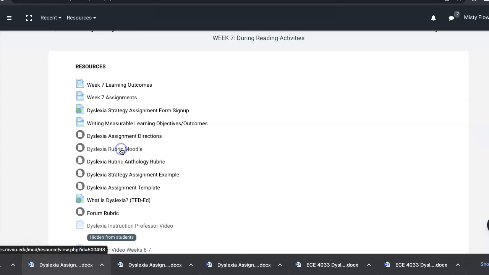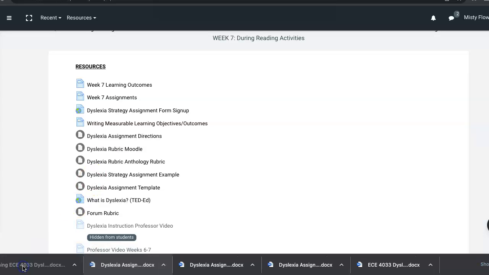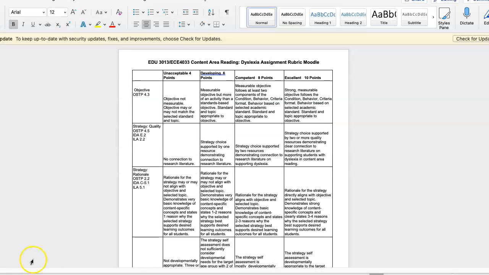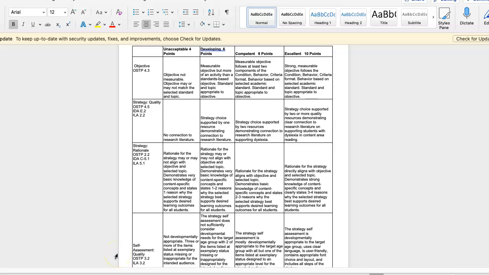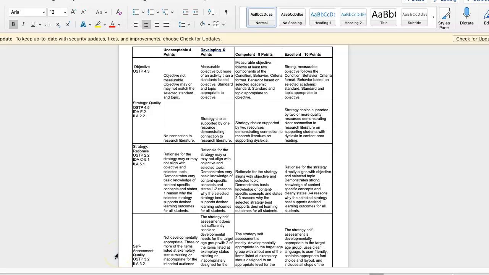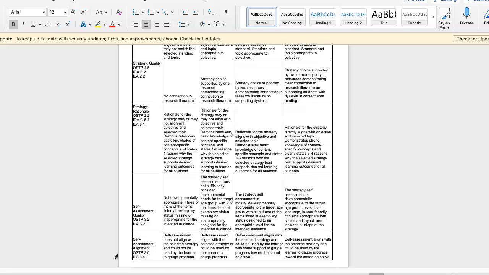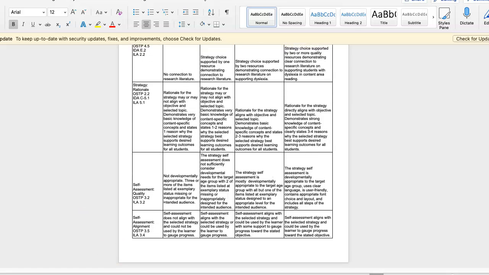Here is the rubric for Moodle. And it's the same for the Anthology Portfolio, except the point values are different.